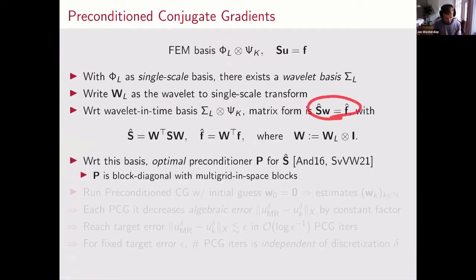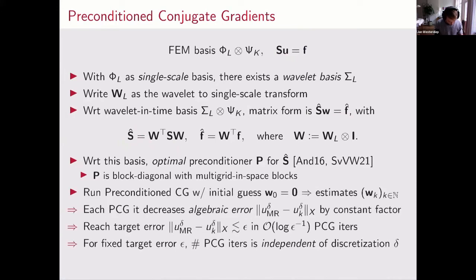And then we get a different system, but the wavelet in time and the finite element in time systems are related. And we can actually build a preconditioner for this wavelet in time matrix, and again as a block diagonal operator with multigrid in space blocks. Okay, so I think I need to speed up a little bit, but this is quite important.